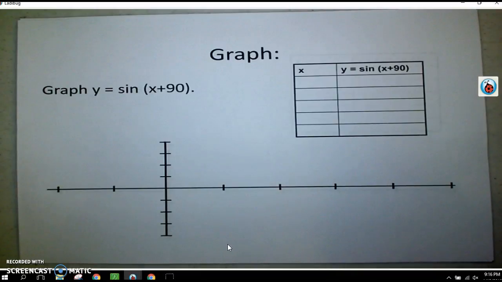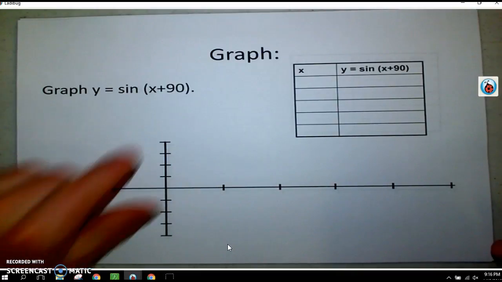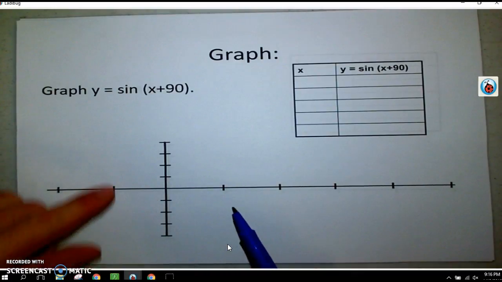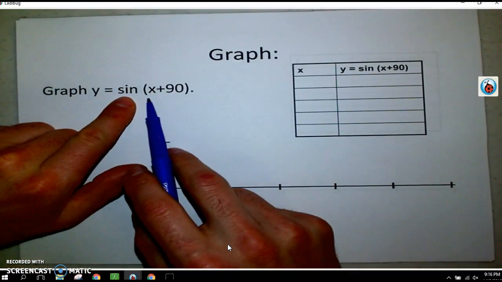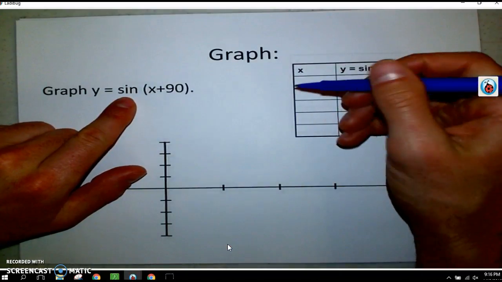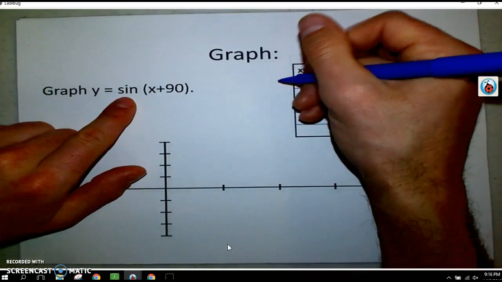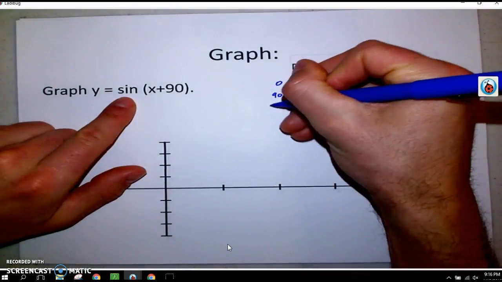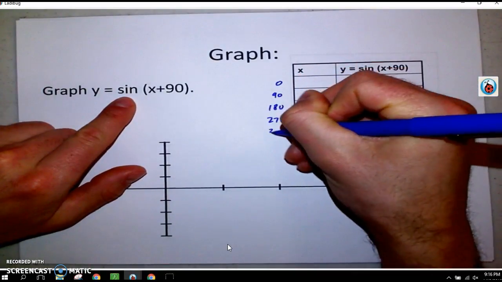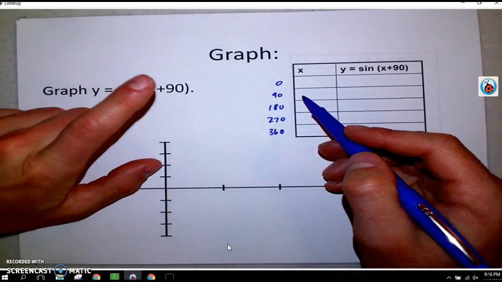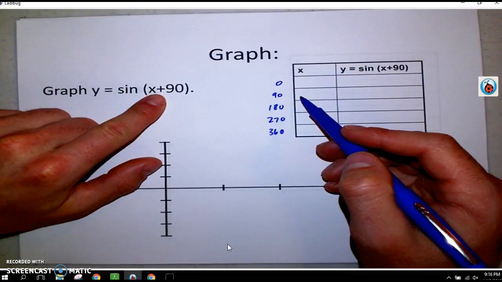So let's take a look at a function here that's got a phase shift and what this would look like graphically. All right, so when I think of graphing sine and my normal x values that I would want to use, I would normally go 0, 90, 180, 270, 360, but all of these need to be shifted to the left 90 degrees.